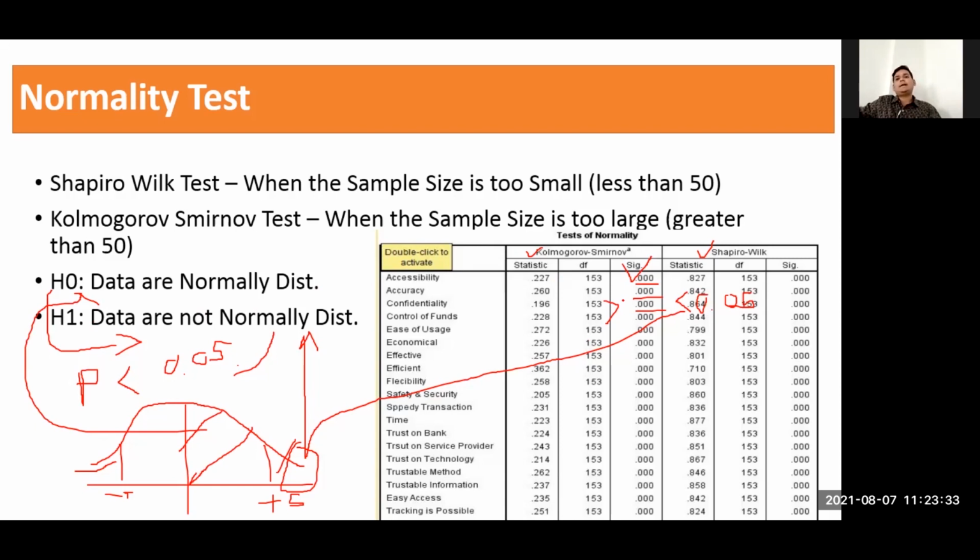If your p-value is less than 0.05, you cannot use the parametric test, but you have to go with the non-parametric test. Yes? Okay. So the difference between parametric and non-parametric tests is clear.